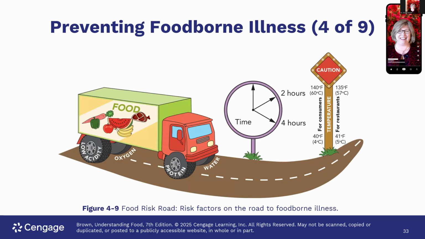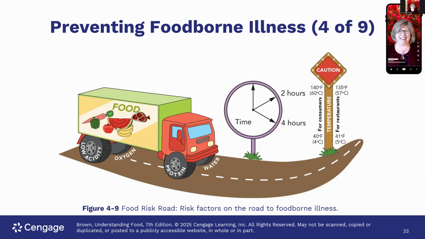Figure 4-9 is an illustration that helps you remember the points within the process where you can have some problems with food safety. The food itself, the time it is in the safe temperature range, outside of the safe temperature range, and what those ranges are. So for consumers, we already have learned the USDA recommends 40 degrees Fahrenheit to 140 degrees Fahrenheit.